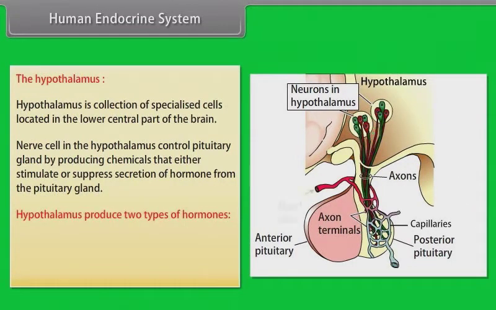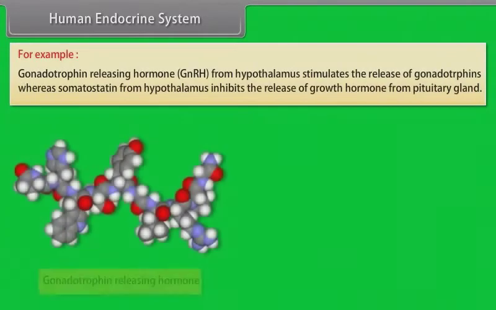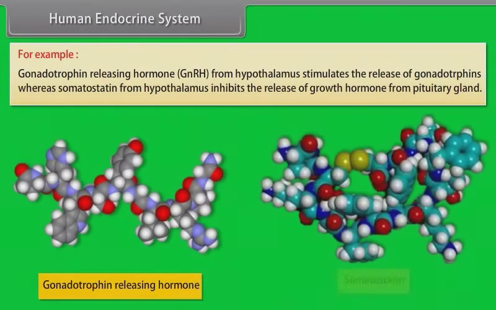The hypothalamus produces two types of hormones: releasing hormones and inhibiting hormones. For example, gonadotrophin-releasing hormone from the hypothalamus stimulates the release of gonadotrophins, whereas somatostatin from the hypothalamus inhibits the release of growth hormone from the pituitary gland.